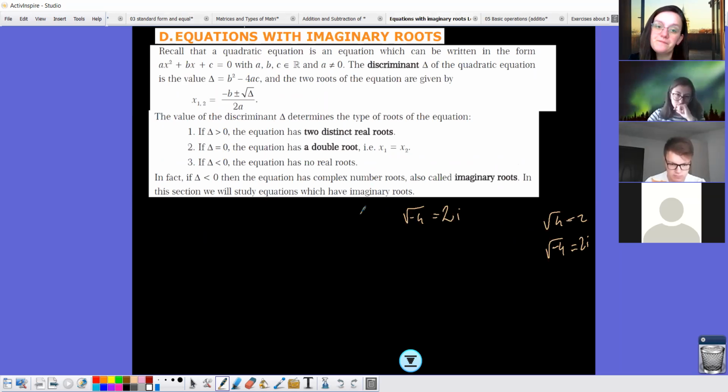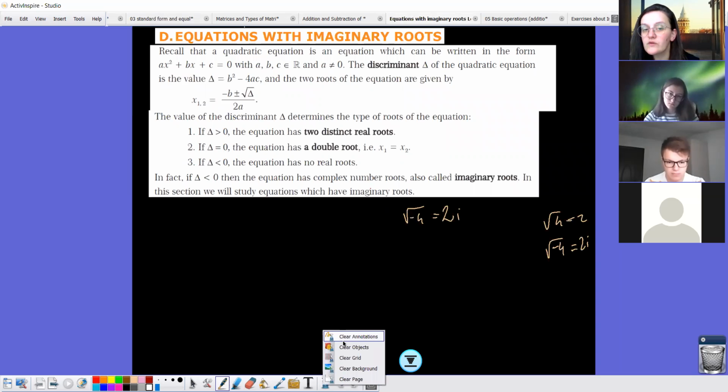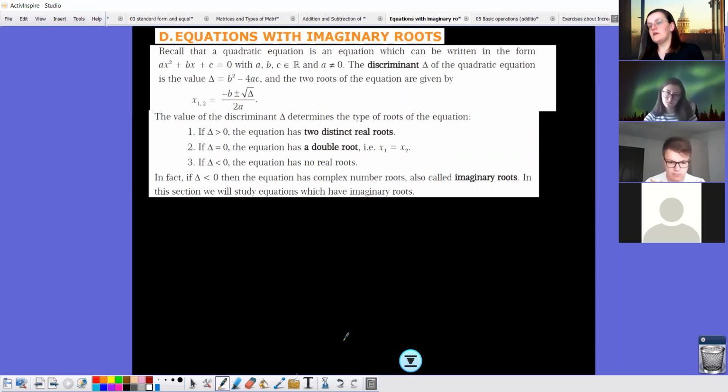And then you will check them for practicing. Now, if you remember, we had quadratic equations last year, and we had three cases, and in one case we said that there is no solution in real numbers.